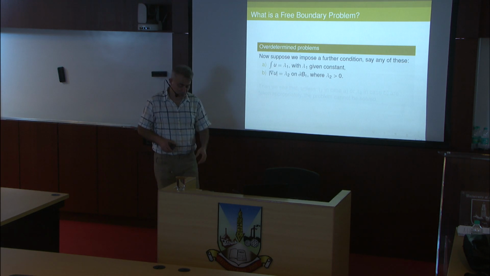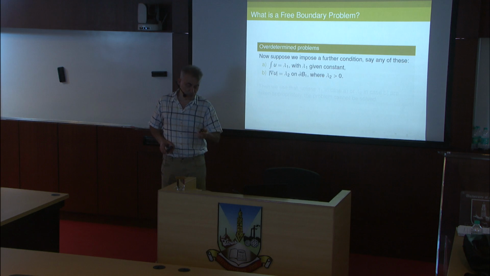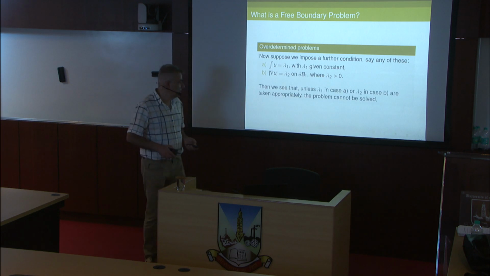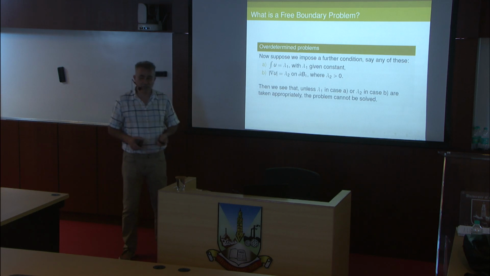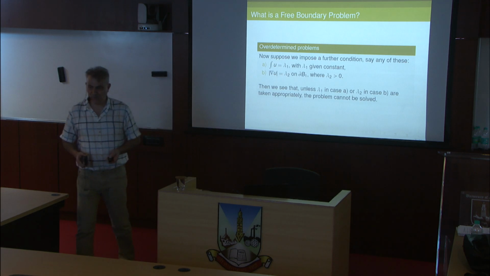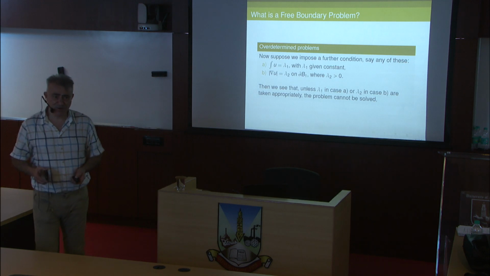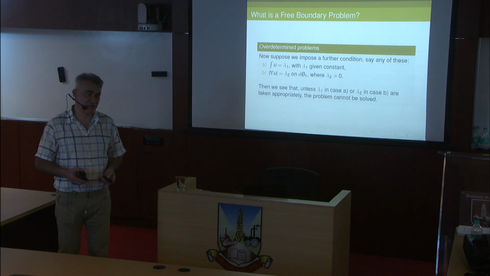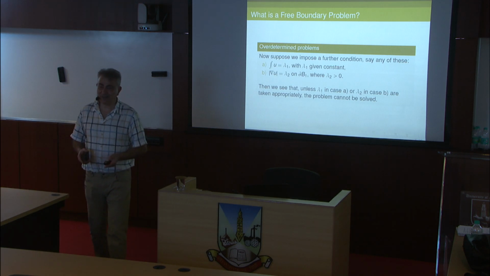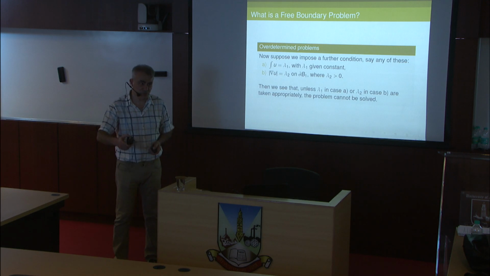But if you want to solve this problem also with this lambda 2, then what you do is say, okay, we let R be free. So can we find a domain where I can really solve the Dirichlet problem, and in addition also have this extra boundary condition?